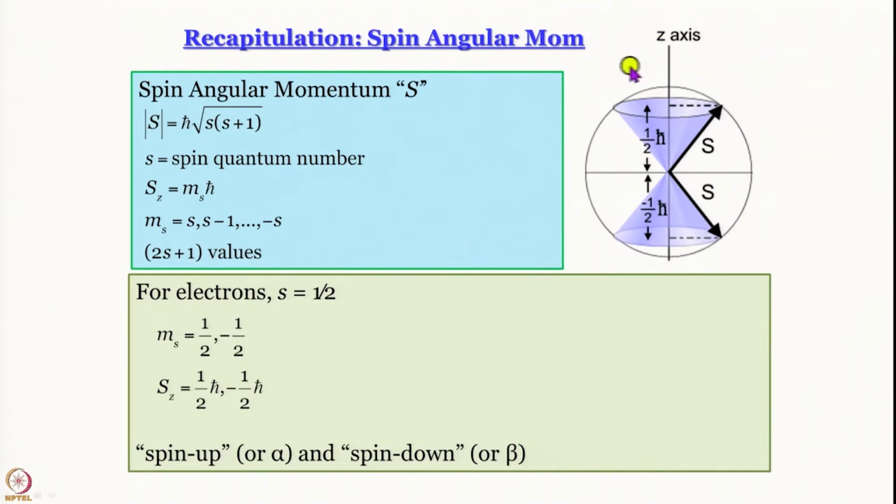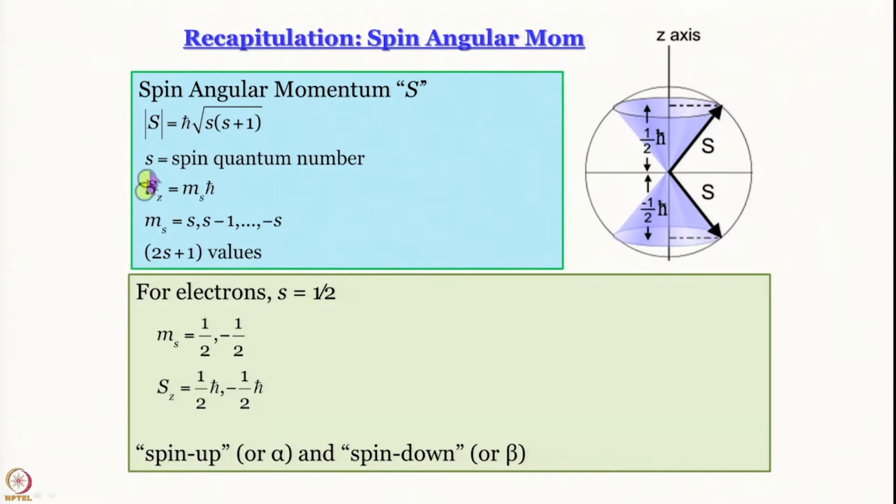We talked about spin angular momentum, and the reason why I bring it up once again, even though you are familiar with this term, is that please do not forget that the spin quantum number of the electron is half, ms is plus half and minus half.